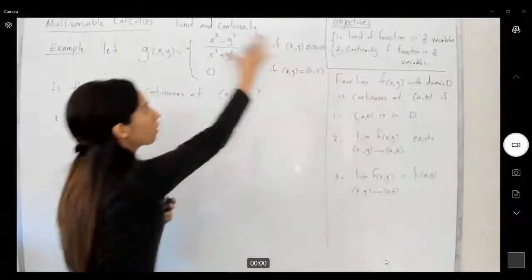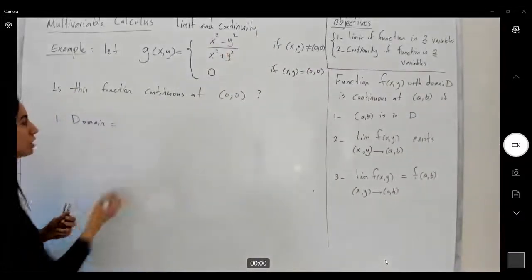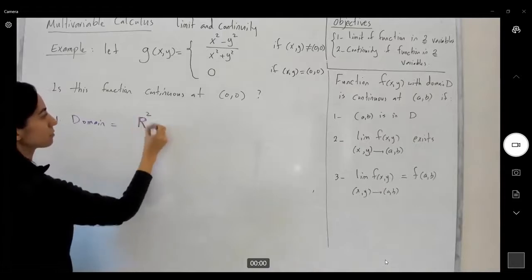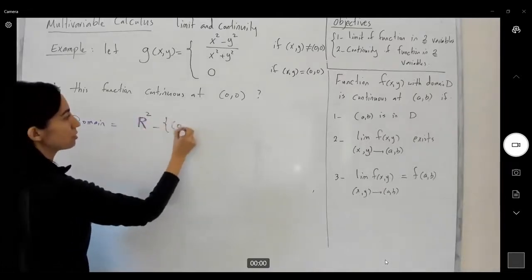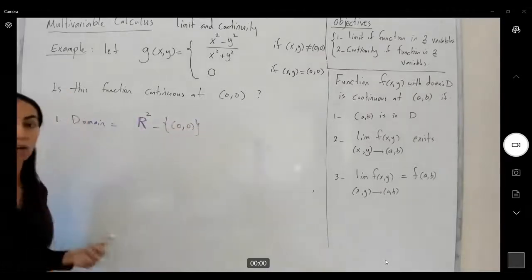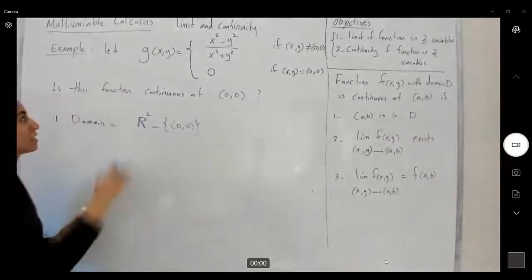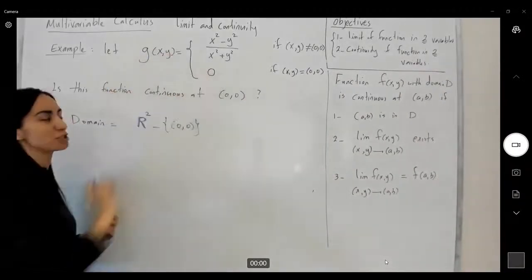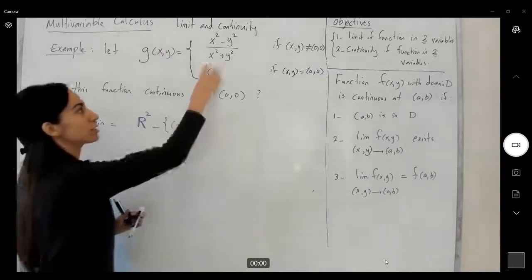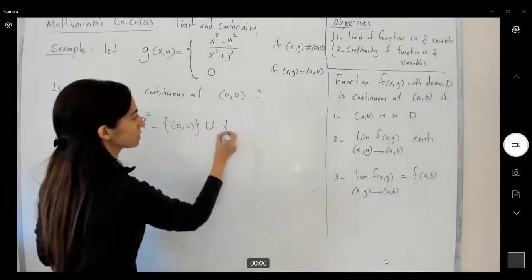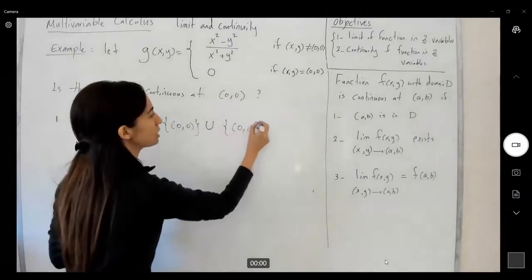The domain of the first piece of the function is R squared, your plane, minus the origin, and at the same time, you're adding the origin to the function g, and we say that, hey, at origin, you get the z value, which is 0. Union with 0 and 0. So what's the meaning of that?